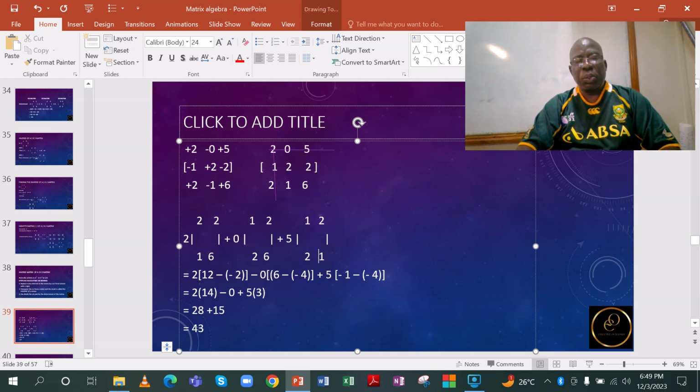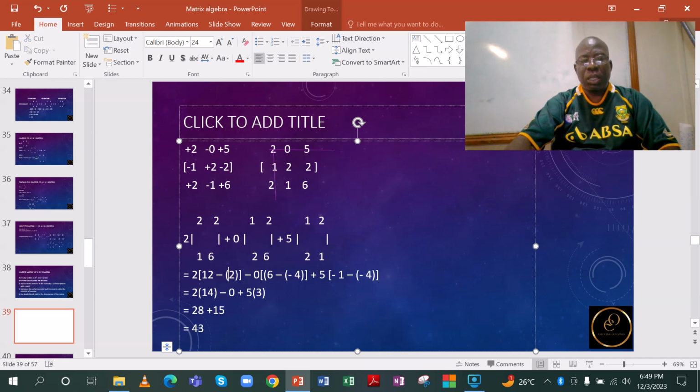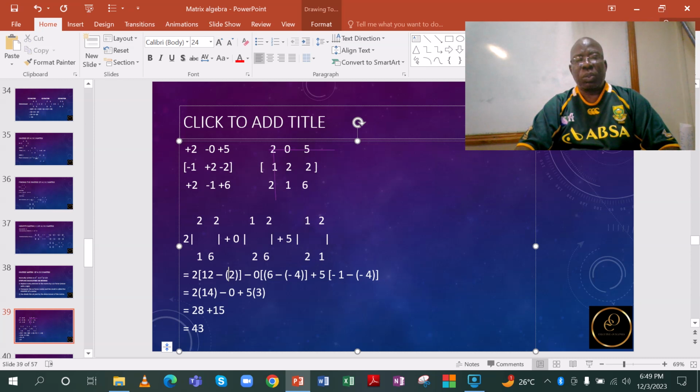Then we work out the determinant of this. It will be 2 multiplied by 2 times 6, which is 12, minus 1 times 2, which is 2. Then you have the next one, 0 into 1 times 6, which is 6, minus 2 times 2, which is 4.